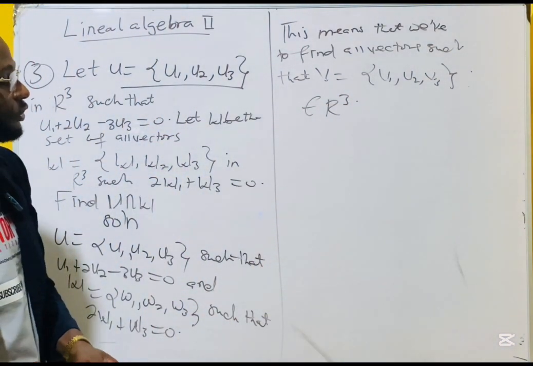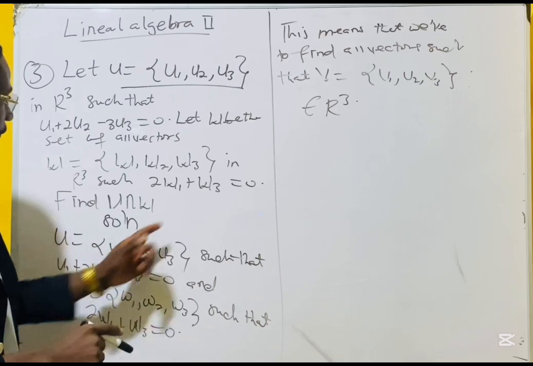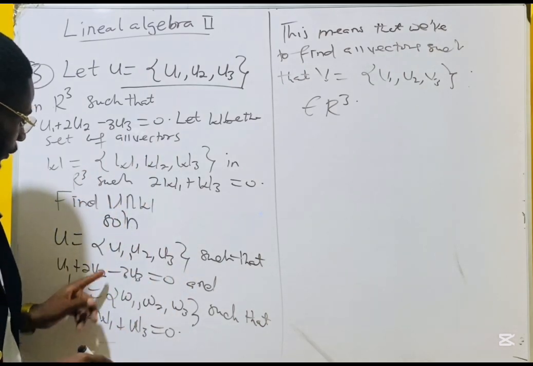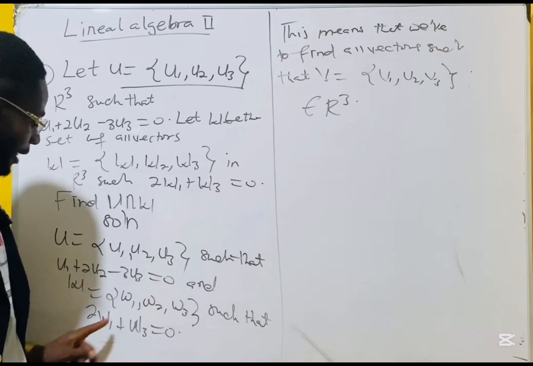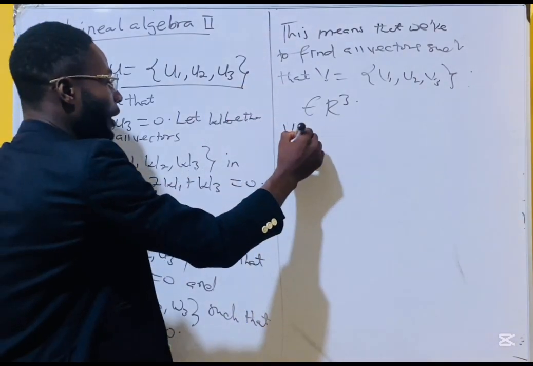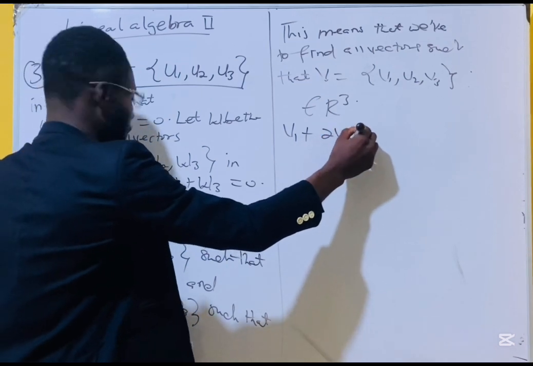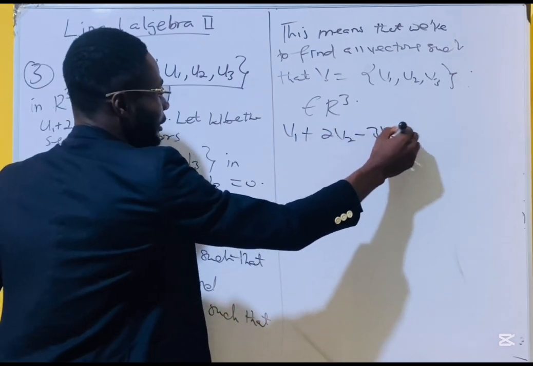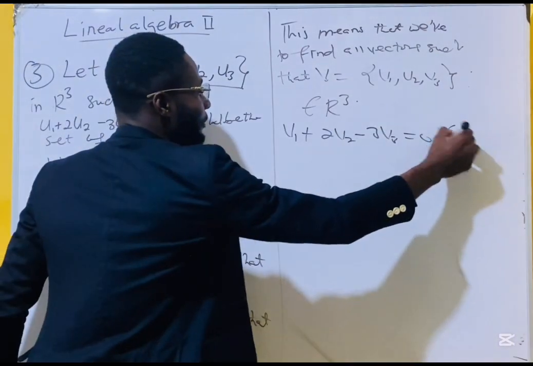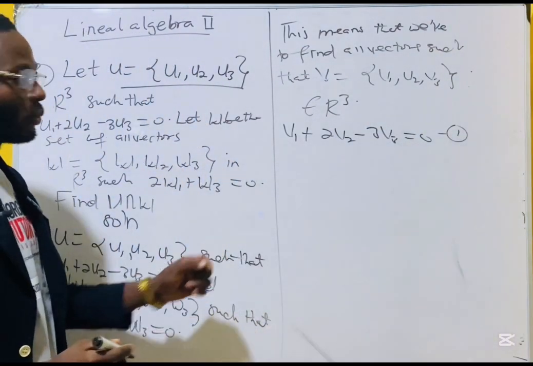Okay. So first of all, what we have to do is convert this one and this one into equations, right? So we have v1 plus 2v2 minus 3v3 equals 0. Okay, and we name this equation 1.